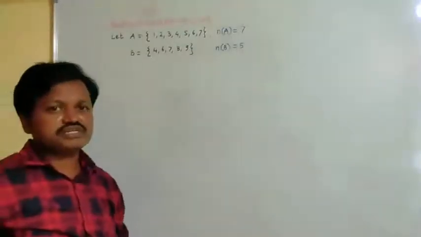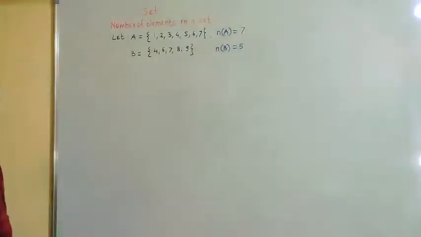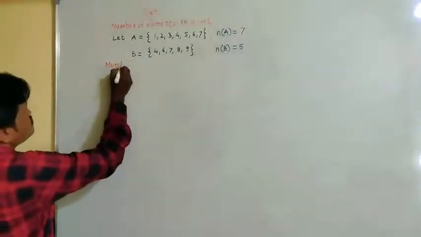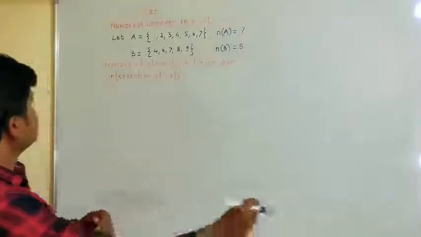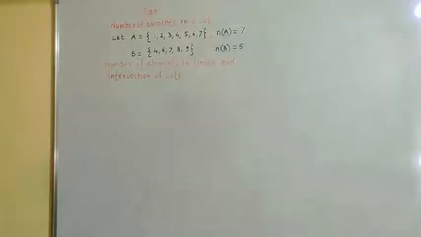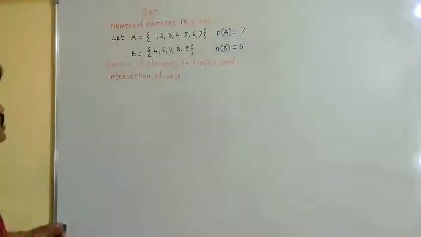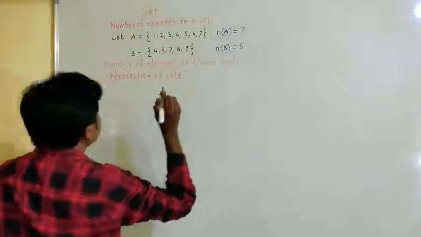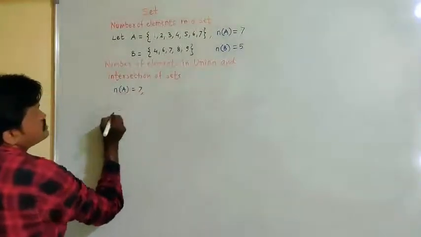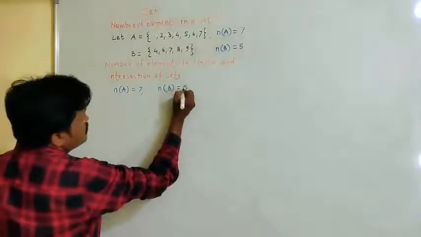Now what we share next point here, depending on this, number of elements in union and intersection of sets. Number of elements in union and intersection of sets we share. By taking above example, same n of A and n of B. So let me show you here, n of A is equal to 7 and n of B is equal to 5.